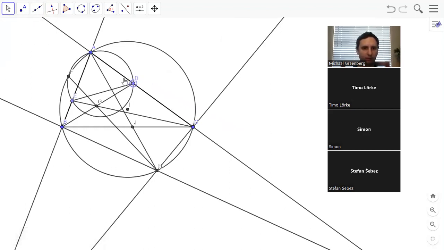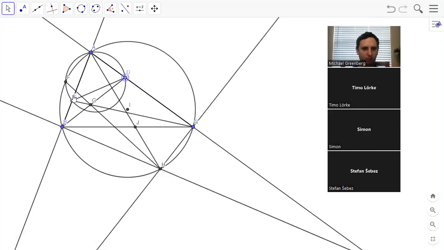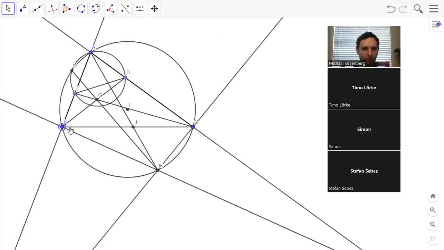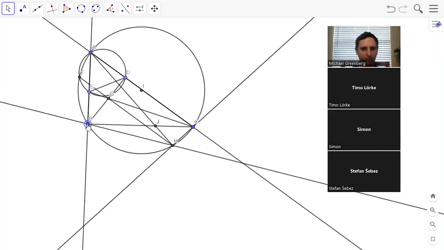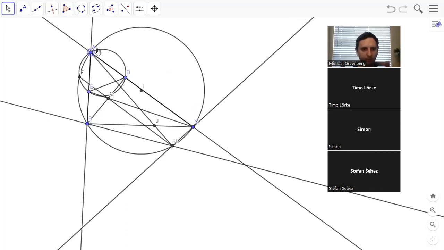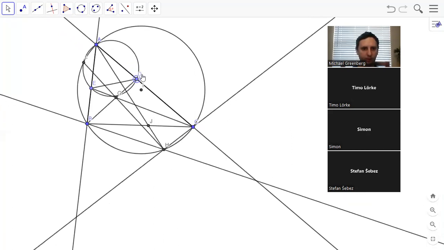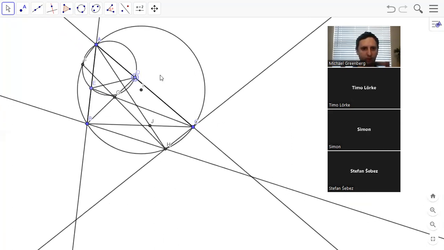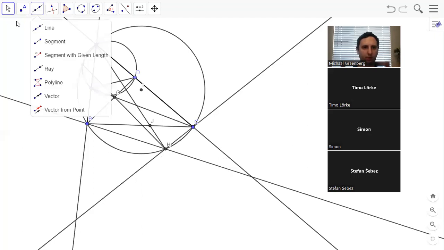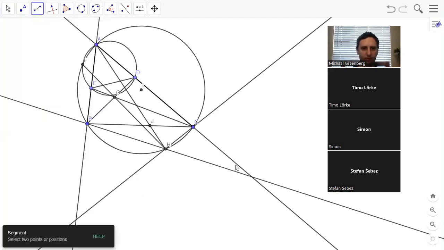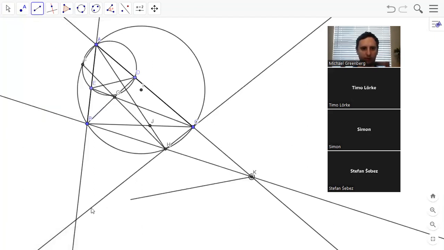And we wanted to show that this was parallel to DE. That would be equivalent to the problem by Ricard's theorem. So IJ is perpendicular to DE is equivalent to saying KL is parallel to DE.